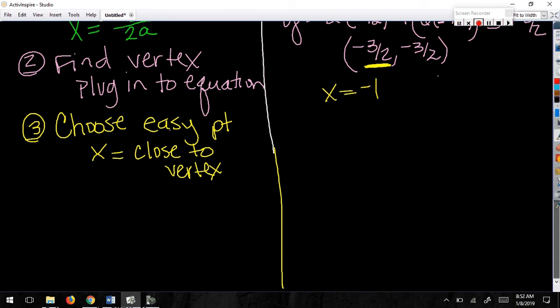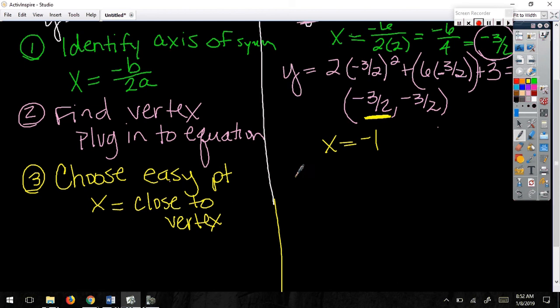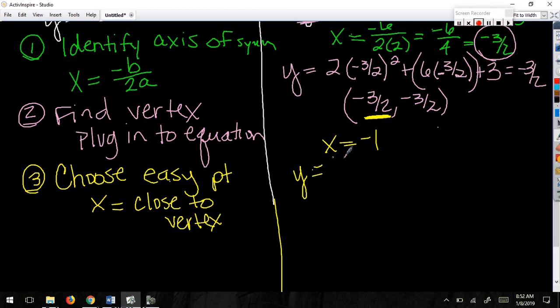That's right. So now I have y equals 2 times negative 1 squared, minus 6 times negative 1 plus 3. And I hope you don't need a calculator for this one. Negative 1 squared is a positive 1, and 2 times 1 is 2.